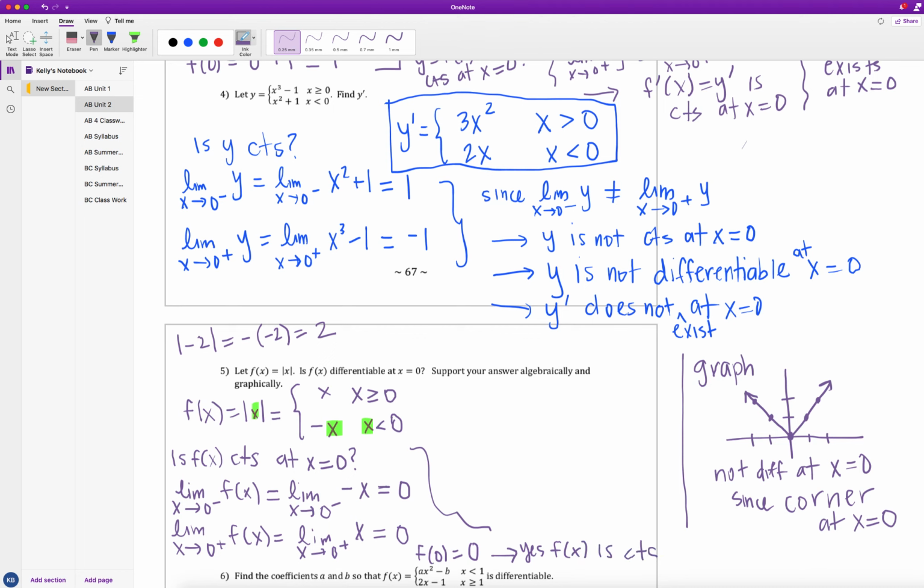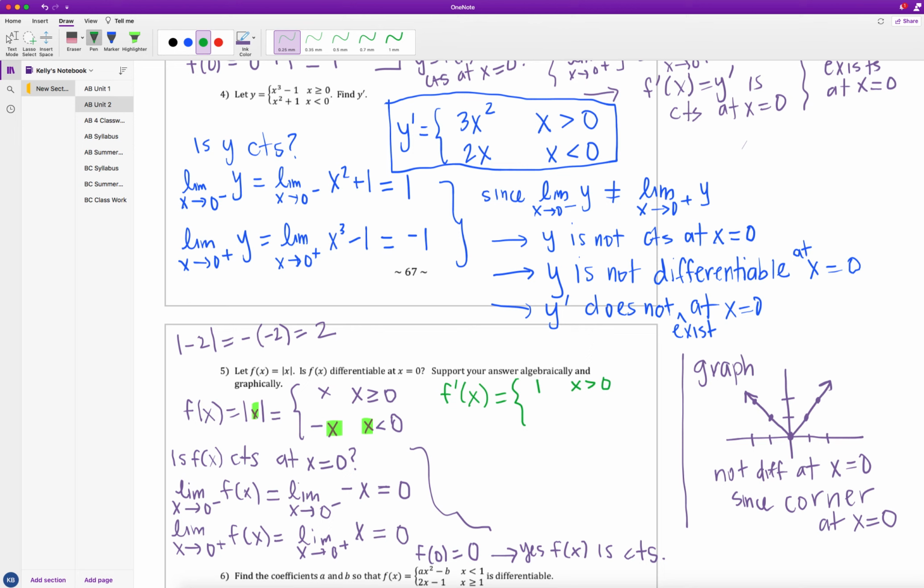This is why it's so important to check to make sure that our potential derivative is also continuous. So I'm going to do that in green. Let's find what f prime would equal. Since both parts of this piecewise function themselves have a derivative, I can take the derivative of x, that would be equal to 1. That will hold true when x is greater than 0.